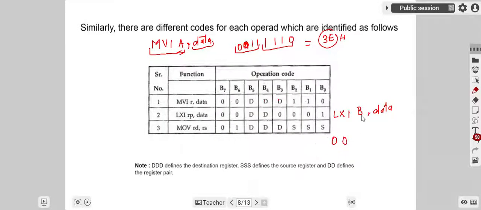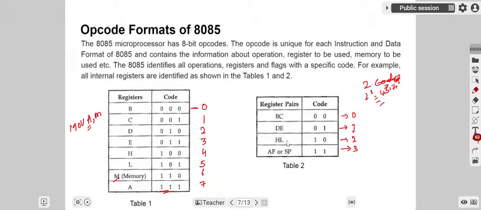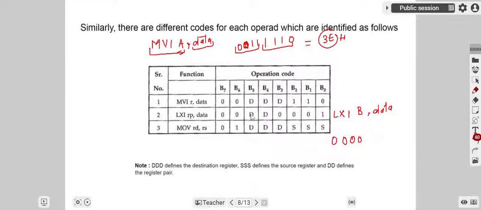For BC it is 00, because only two bits are required to specify a register pair code. And the code for LXI is 0001. So the opcode for LXI B comma data will be 01H.